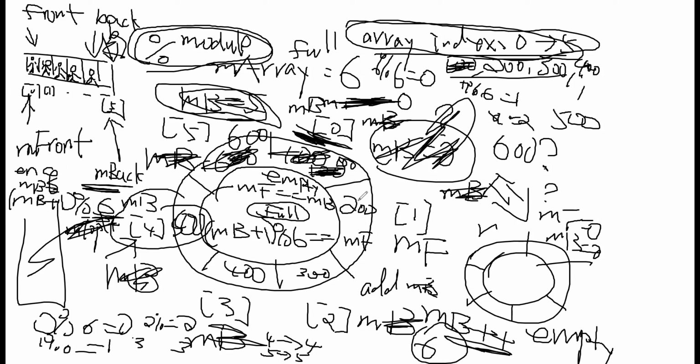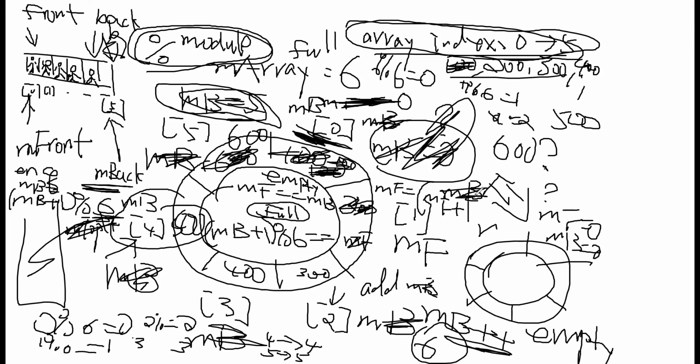Whenever you do dequeue, let's see. So now we already removed 100. We may remove 200, so the front is going to be updated to here. So you can see whenever you remove, the front index doesn't decrease, it's incremented also. So basically front is updated to front plus 1. But you cannot always plus 1, because you need to solve the problem of jumping from index 5 to index 0.